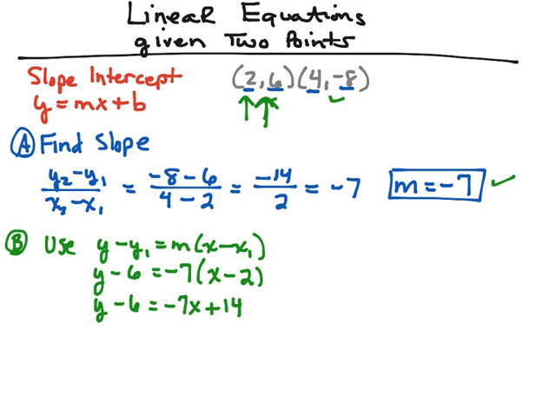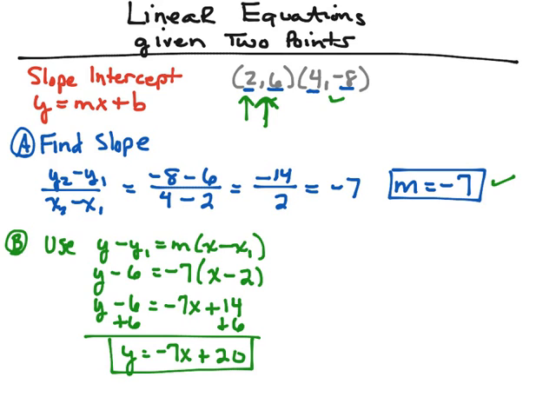Now what I want is the slope-intercept form. So what I'm going to do next is go ahead and move that 6 to the side by adding 6. So I now have y is equal to negative 7x. If I add 14 plus the 6, 14 plus 6 gives me a 20.